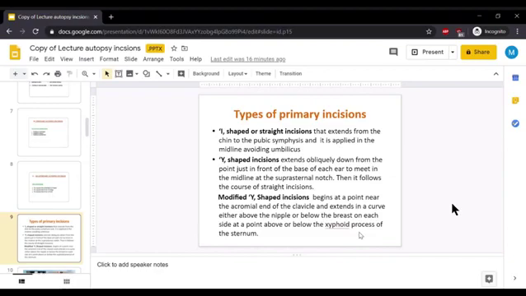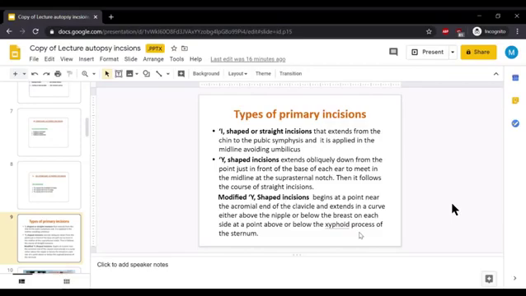The second incision which may be used is the Y-shaped incision. The Y-shaped incision extends obliquely down from a point just in front of the base of each ear to meet in the midline at the suprasternal notch.